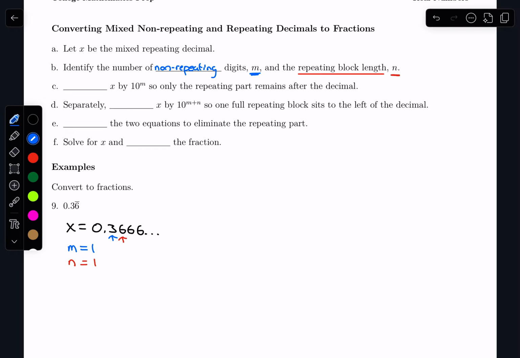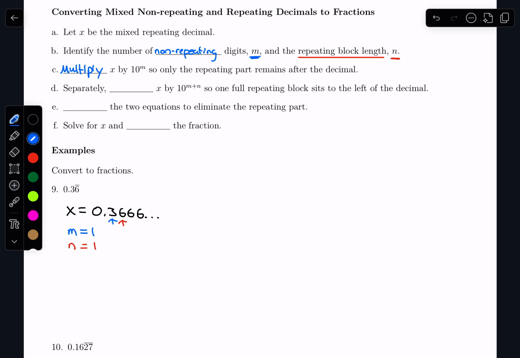Now, step C says to multiply x by 10 to the power m, so only the repeating part remains. So let's go ahead and try that real quick. We're going to multiply x, which is x equals 0.3666, with the 6's keep going.